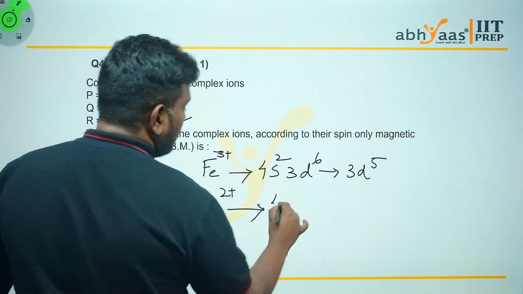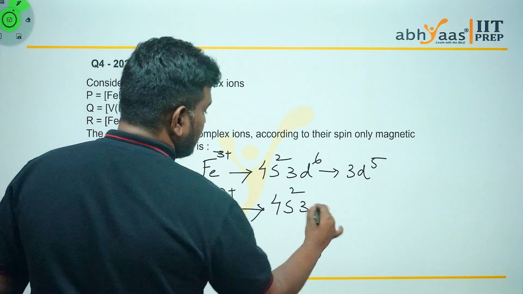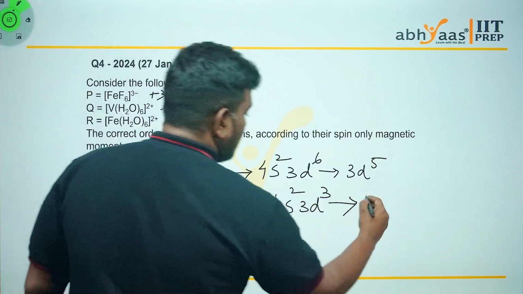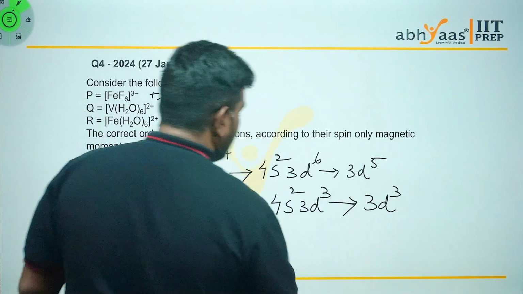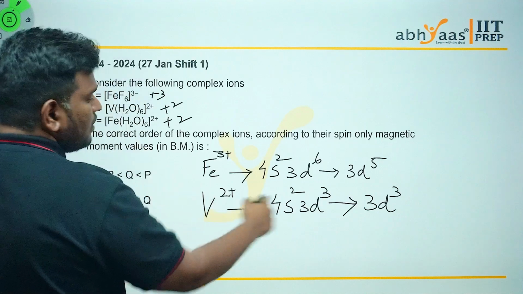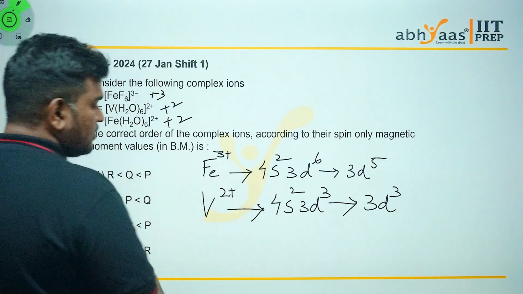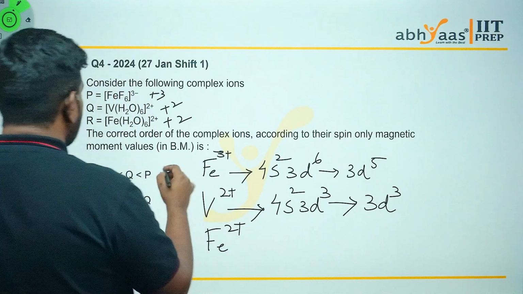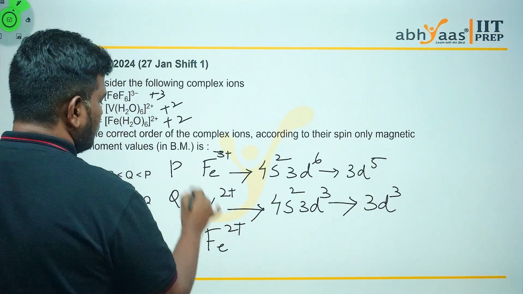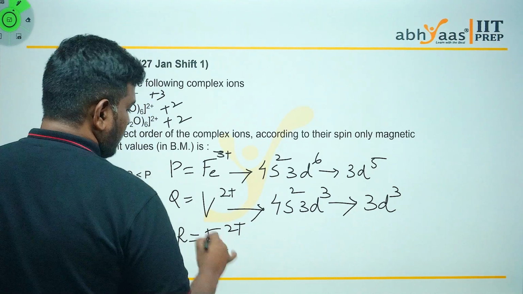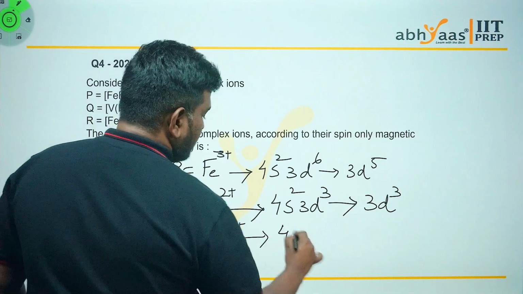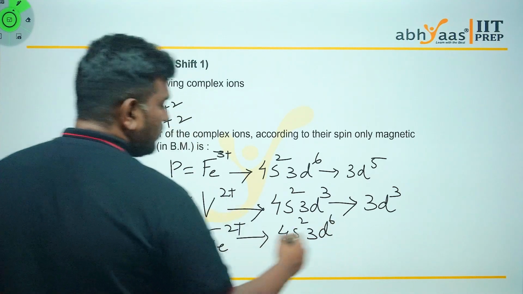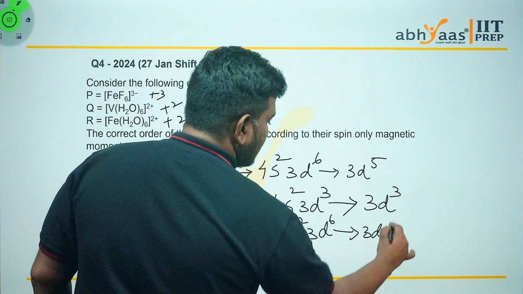Usually it is 4s2 3d3, but 2 electrons will be gone from the s orbital, so it will become 3d3. Now again Fe2 plus, the third one, P Q R. Normally it is 4s2 3d6, but 2 will be going, so it will be 3d6.